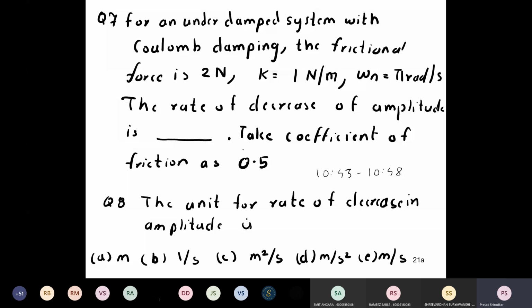All right. So the data is given for an underdamped system with Coulomb damping. The frictional force is 2 N, stiffness is 1 Newton per meter, omega n is pi. Then find out the rate of decrease of amplitude. Take coefficient of friction as 0.5.